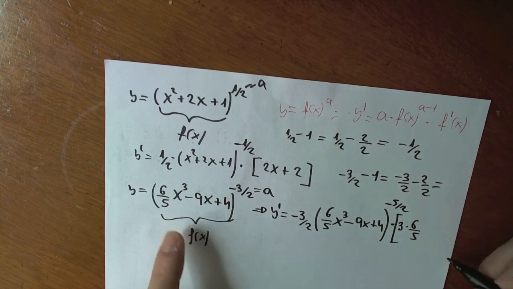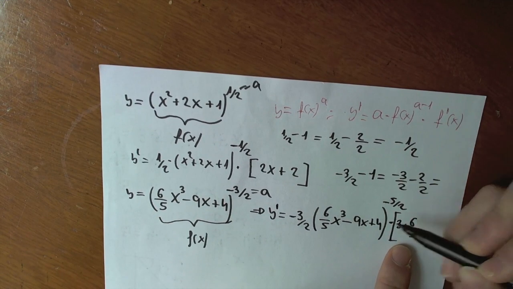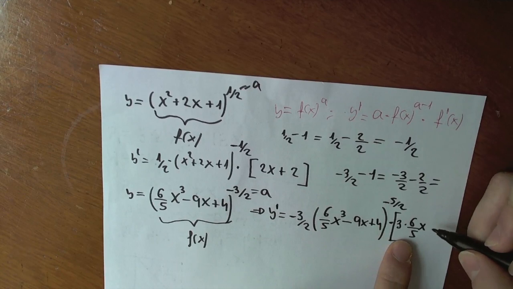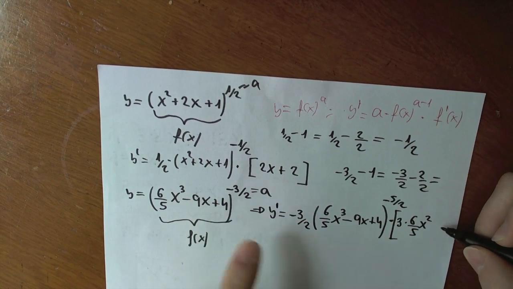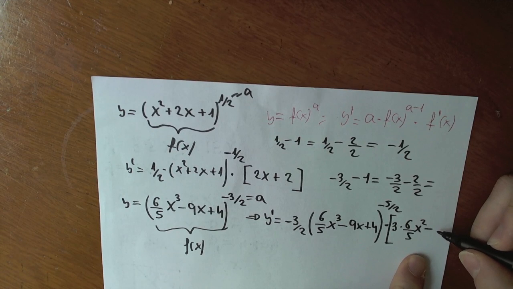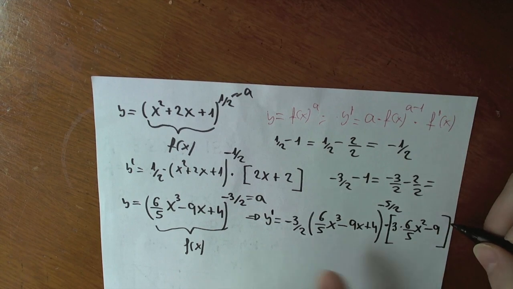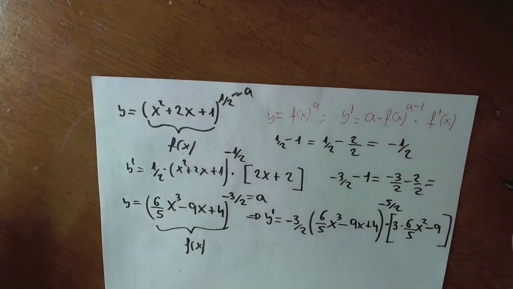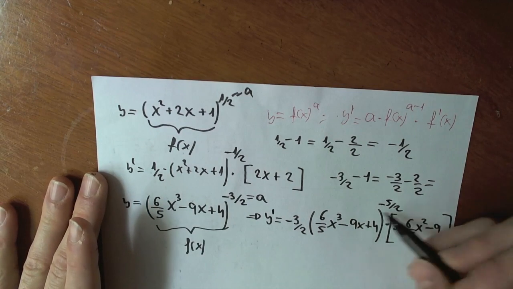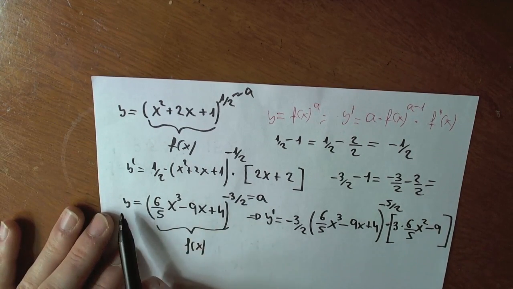I need a parenthesis here. And then the x, the power is 3 minus 1, which is 2. Then I need to subtract 9, just 9, because the derivative of 9x is 9 and the derivative of 4 is 0. I don't need to write it. This would be the derivative of this function here.